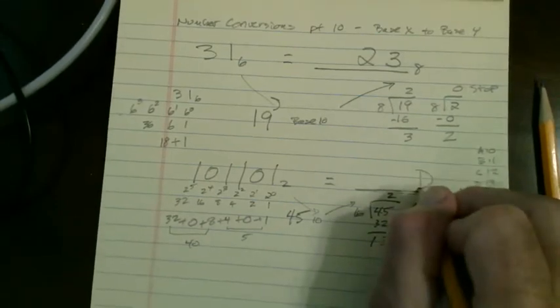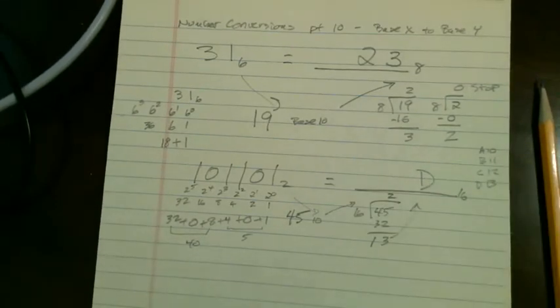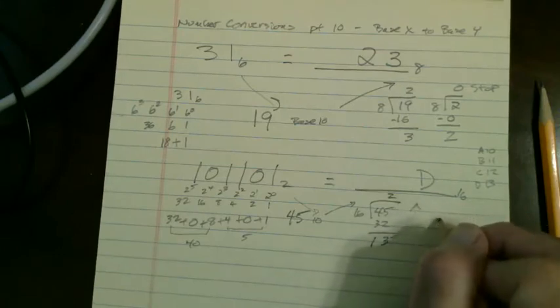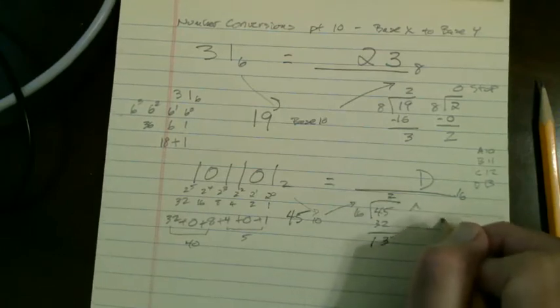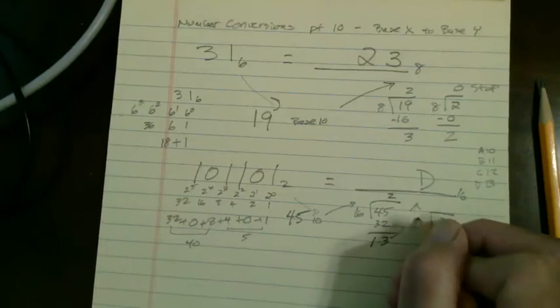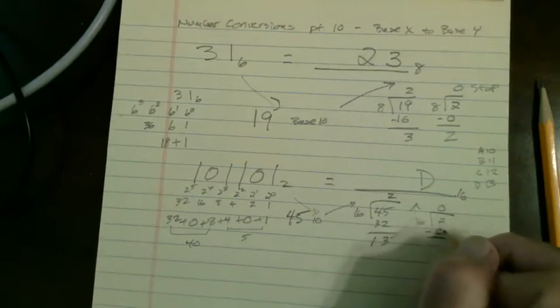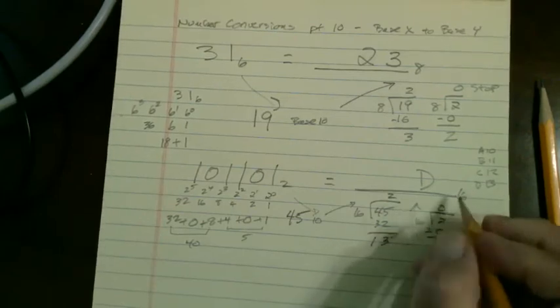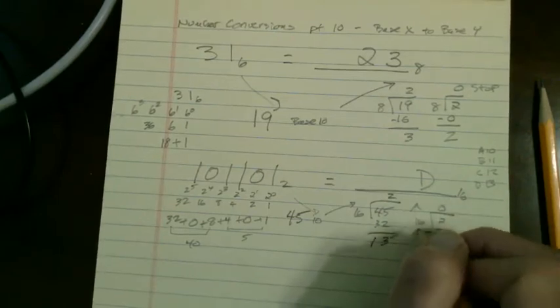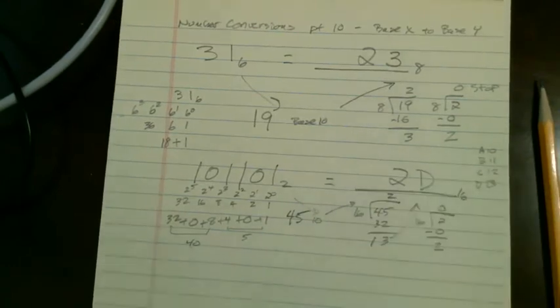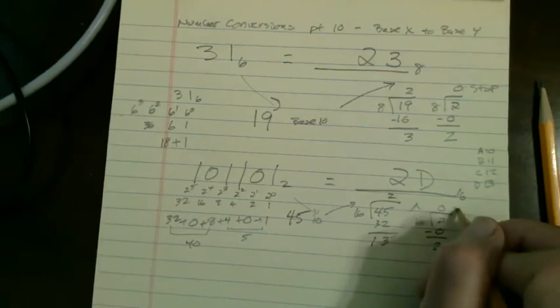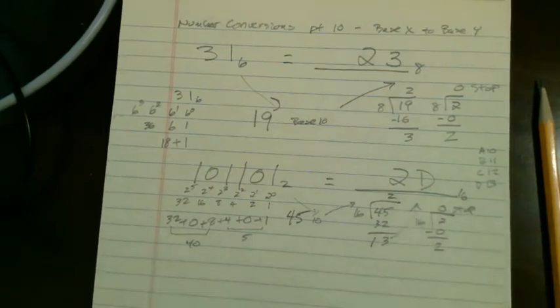So my letter here is D. Then we take this remainder 2 here, divide that by 16. I get 0. 0 times 16 is 0. 2 minus 0 is 2. I take that number, write it up here. My answer is 2D base 16 because once I get to 0, I can stop.